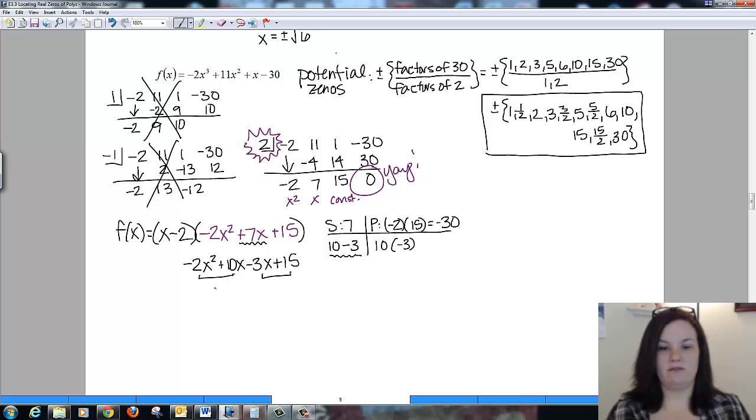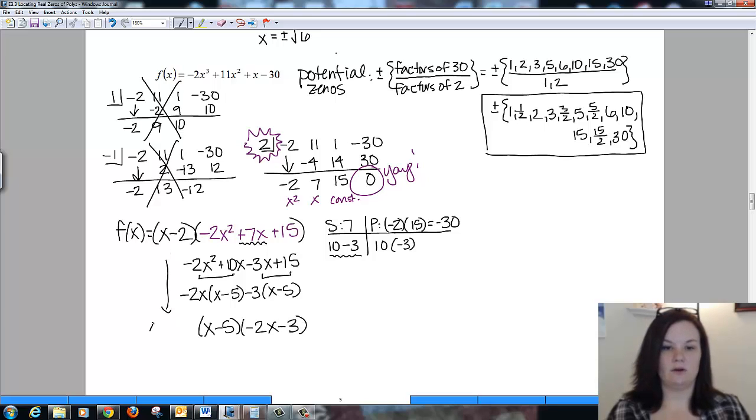I'm going to factor out a common factor, which here would be -2x, which leaves me with x minus 5. If I want to be left with x minus 5 over here, then I need to take out a negative 3. Now that both terms have x minus 5, when I take that out, I'm left with -2x minus 3.